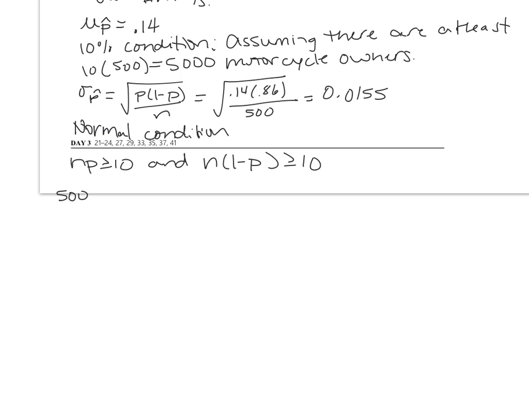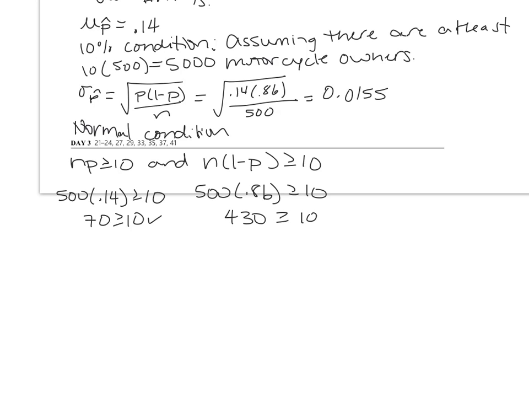Make sure that you use p. 500 times 0.14 is 70, which is greater than or equal to 10. Check. And over here 500 times 0.86 is 430, which is greater than or equal to 10. Check. Therefore, approximately normal.